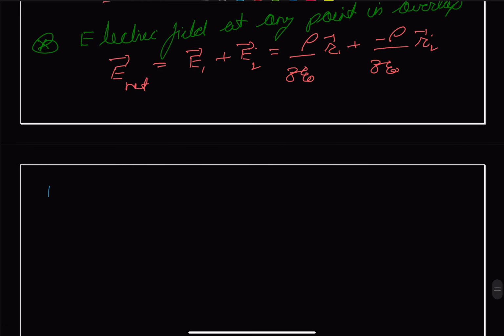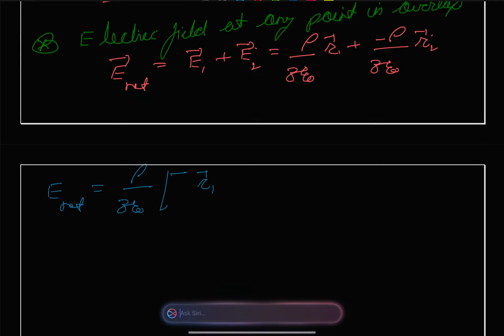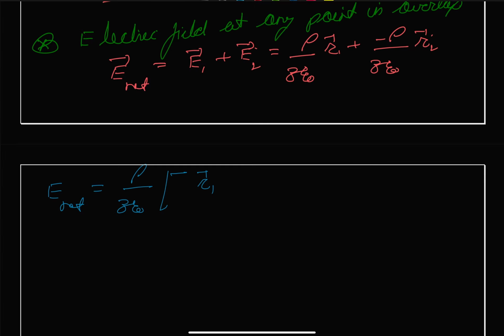Therefore, E net is equal to rho upon 3 epsilon naught, taken as common, times R1 vector minus R2 vector.